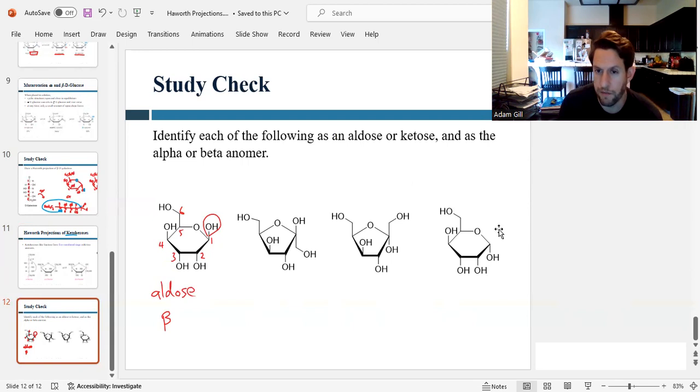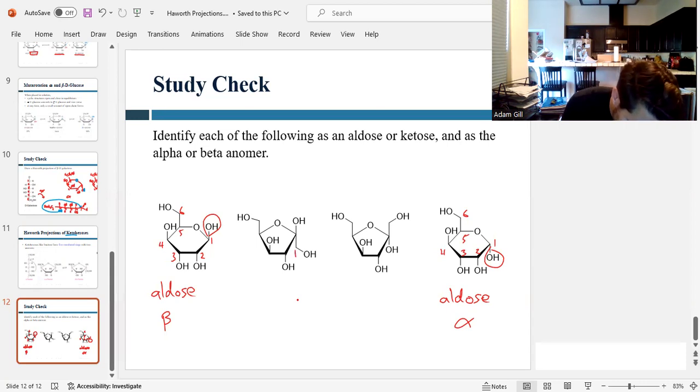Now, if we look at the one on the far right, 1, 2, 3, 4, 5, 6. It's also an aldose because it's a 6-membered ring and the anomeric carbon is in position 1. But we'll see here that the OH is pointed down, which makes that the alpha form. All right, now the two in the middle.